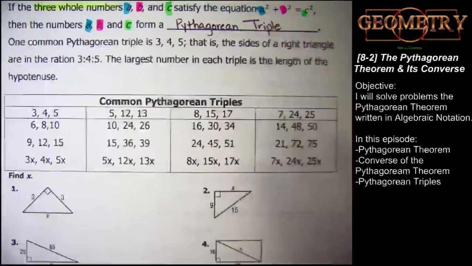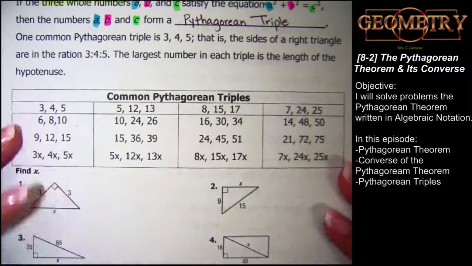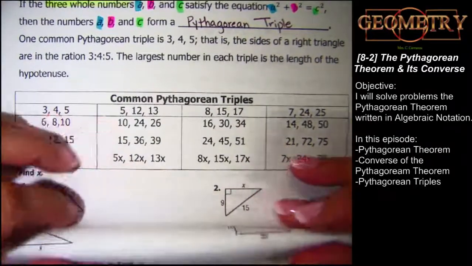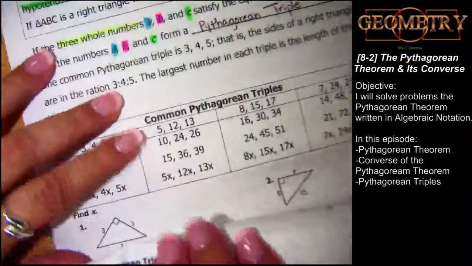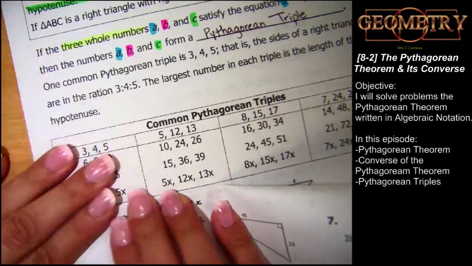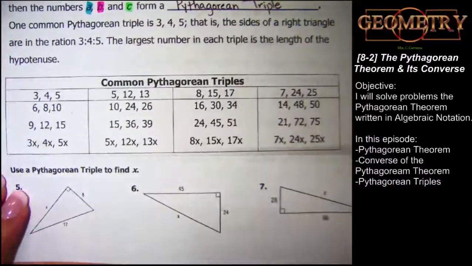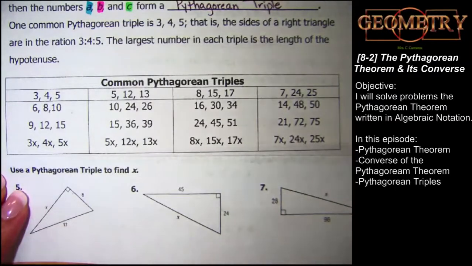Okay? I'm going to show you, let's skip down to 5, 6, and 7 at the bottom of the page. I'm going to bend my notes up so that way 5, 6, and 7 are first. All right, so let's do 5, 6, and 7 where we're using the Pythagorean triple, and then we'll go back to 1, 2, and 3 and remind ourselves how to use the Pythagorean theorem. Okay?